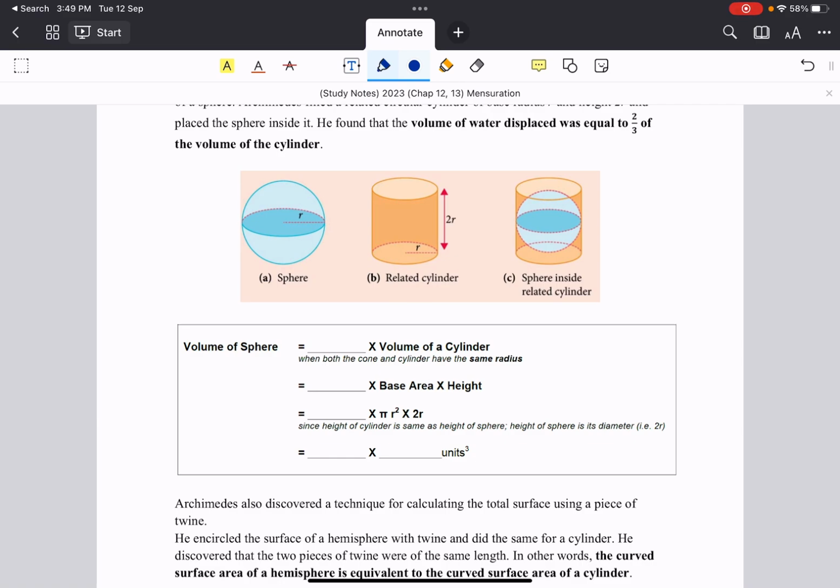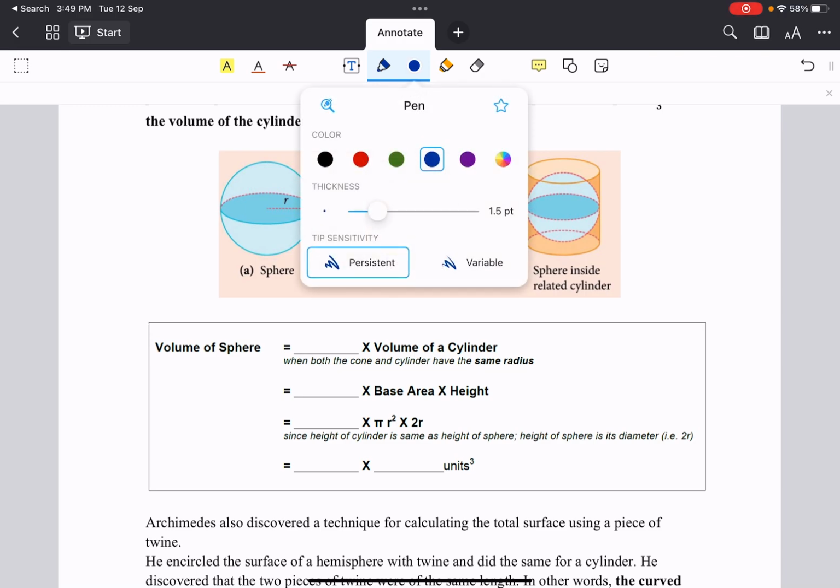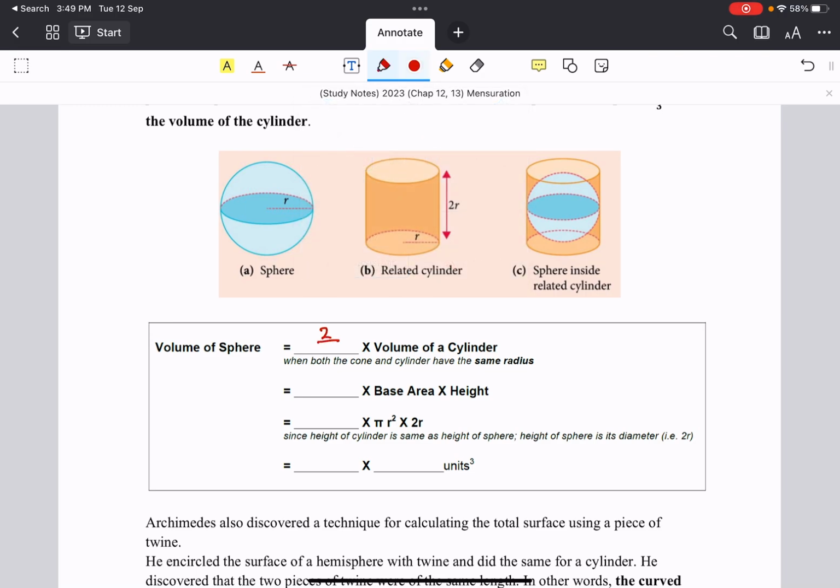So the volume of the sphere is 2/3 the volume of the cylinder. That means it's 2/3 times base area times height, and for the cylinder the base area is pi r squared. The height we want is 2r, because we are using a cylinder that has the same height as the sphere, so it's 2 times the radius, the diameter.